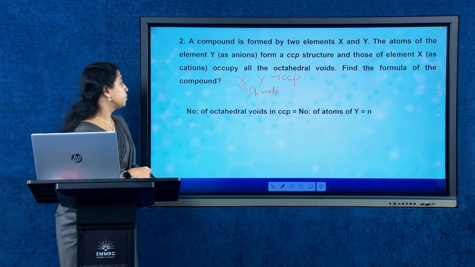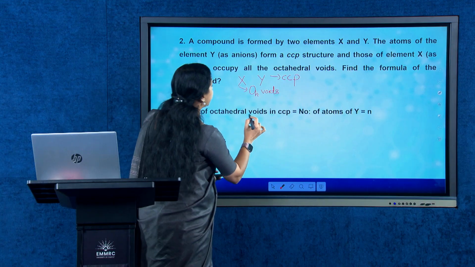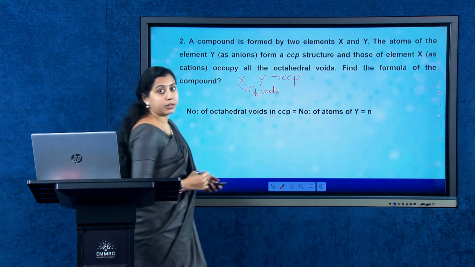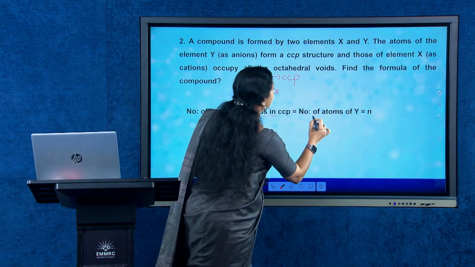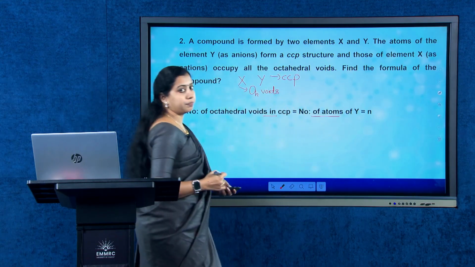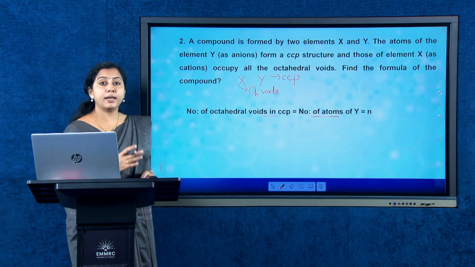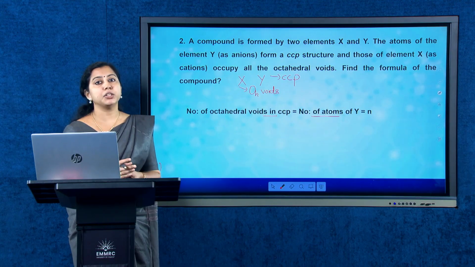The number of octahedral voids in a close packed arrangement will be equal to the number of atoms that form the CCP arrangement. Here the Y atoms form the CCP arrangement.